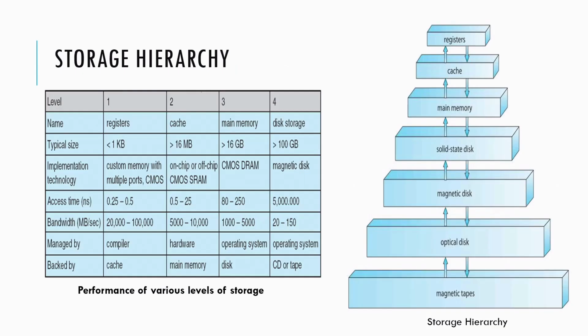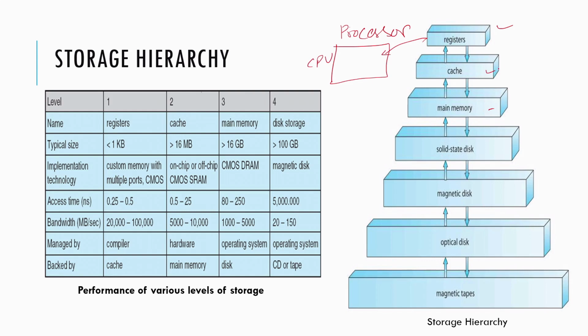Next we'll see the storage hierarchy of memory in the computer system. First is the register, in the processor or CPU. Registers are part of the CPU itself, and they are the fastest memory.